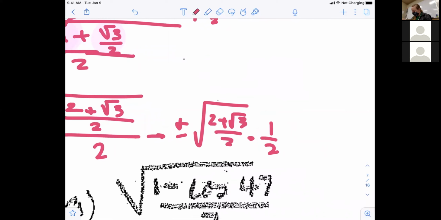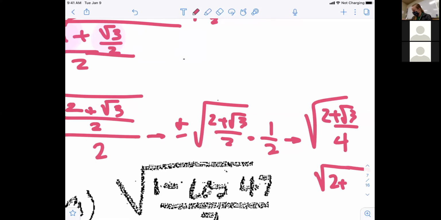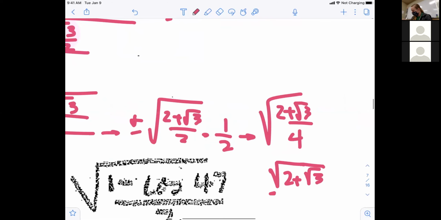But it is going to give me 4 on the bottom. So I've got root 2 plus root 3 over 4. And then for now, the last step I really need is just the square root of 4 is 2. Since this was all under a radical, I can just keep the radical on top by doing radical 2 plus radical 3 over 2.